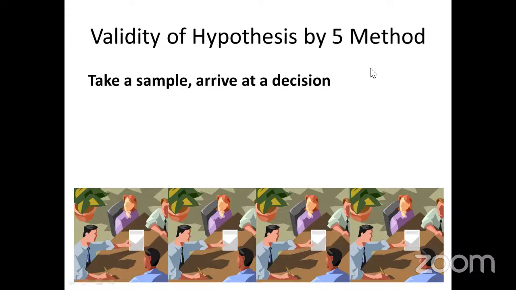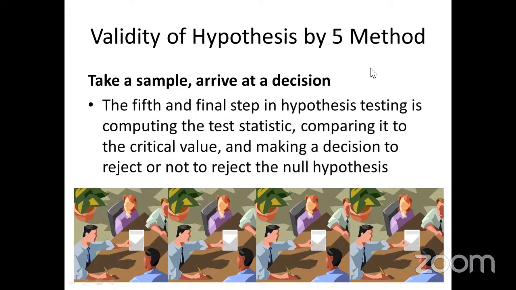Then the last method is we take a sample and arrive at a decision. The fifth and final step in hypothesis testing is computing the test statistic, comparing it to the critical value and making a decision to reject or not to reject the null hypothesis.